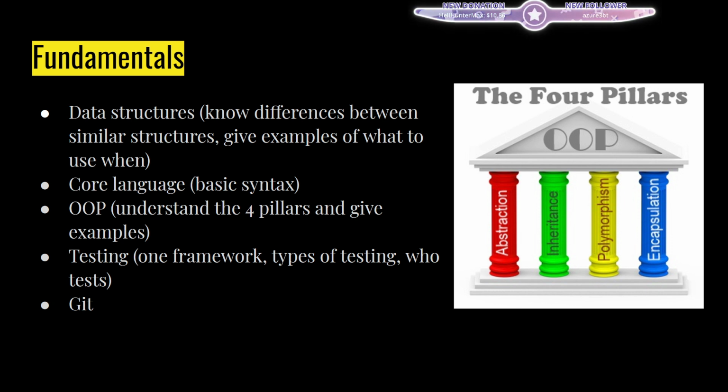Okay. Given bird, dog, and cat all derive from an animal class, how is it possible to store them all in the same data structure?